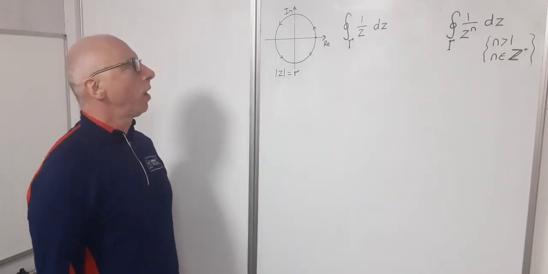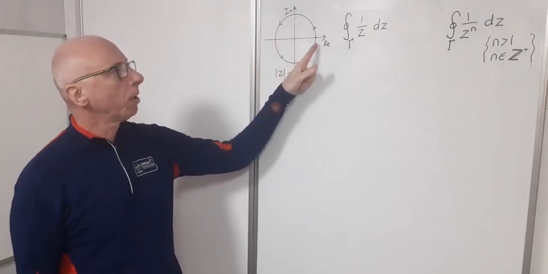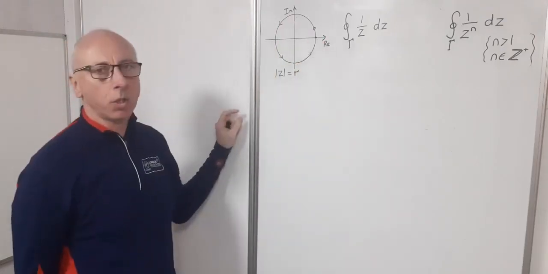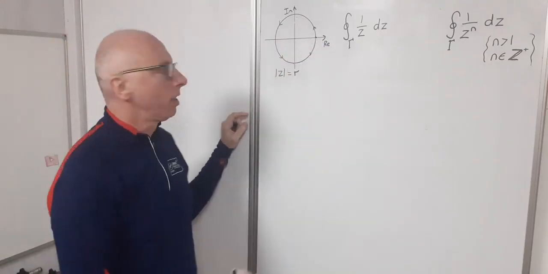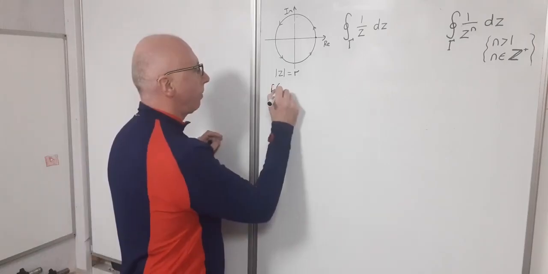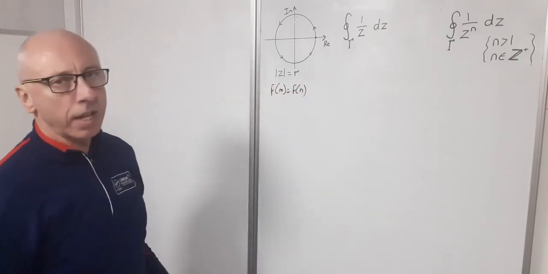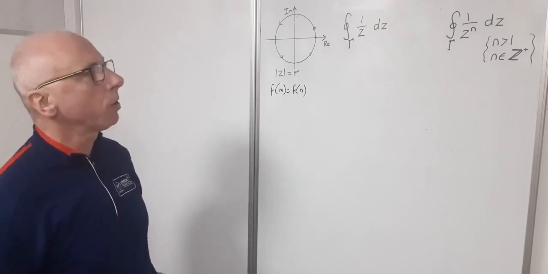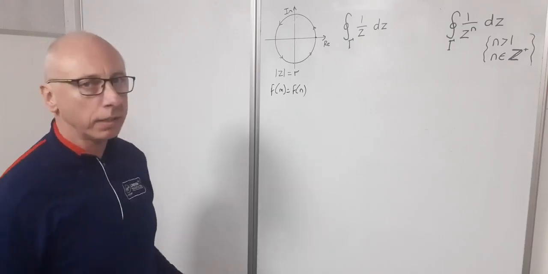So what have we got here? Our path goes in a circle around the complex plane, and it starts from this point here. Now if we call the start point M on this path and the end point N, what we will get is that f of m equals f of n. That's important first of all, because that defines it as a closed path. So we must have that as our definition when we're using the integrals as well.